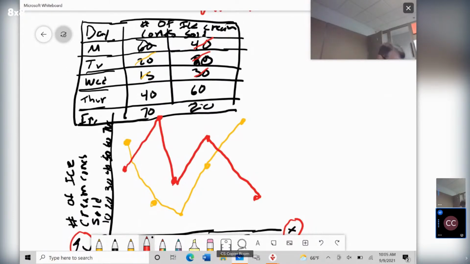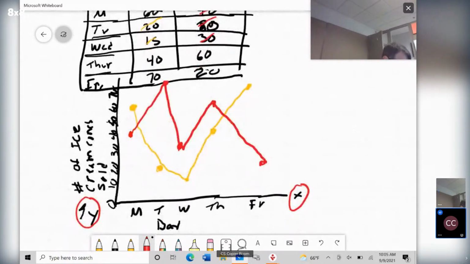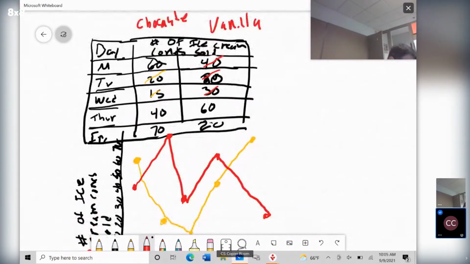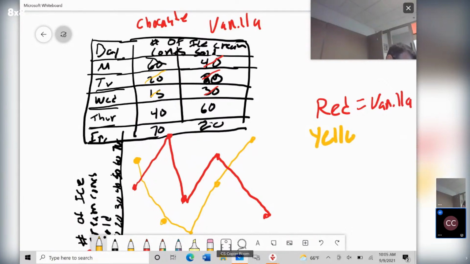So if you saw a graph like this, red is going to be vanilla, and yellow equals chocolate. Okay.